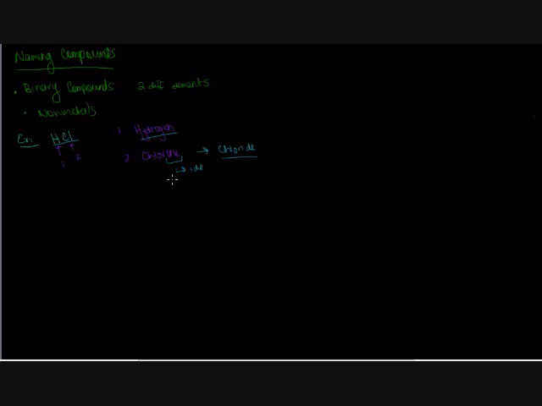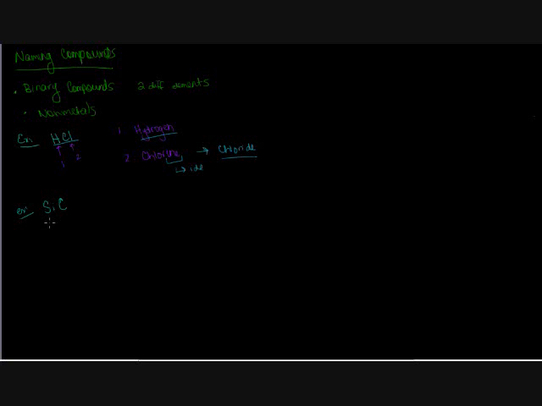That's probably something you knew already, but now you know why it's called this way, because this is the method to name binary compounds. Let's do another one. Let's say we have SiC.